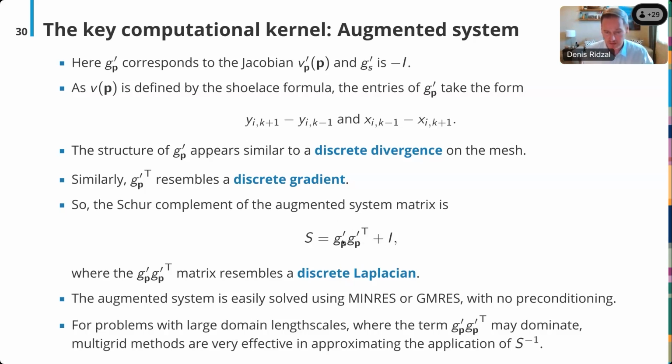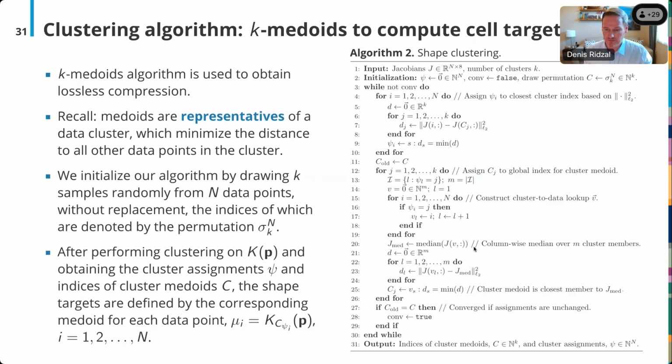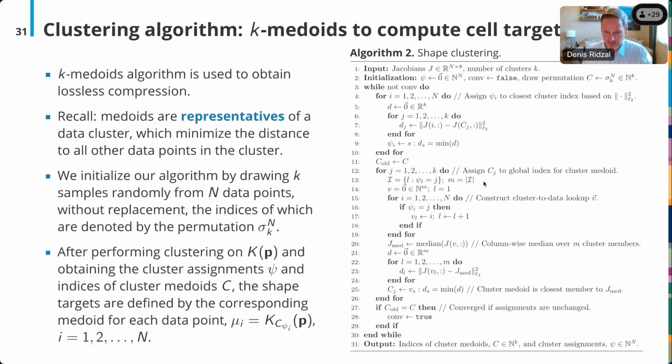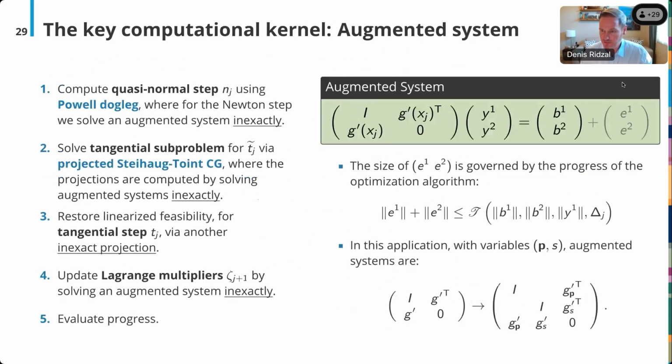And in that case, you can just use multigrid, and that can be very, very effective. And one note about the previous algorithm is also that it handles inexact solves of this augmented system. In fact, we have developed mechanisms to handle that inexactness based on the progress of the optimization method.